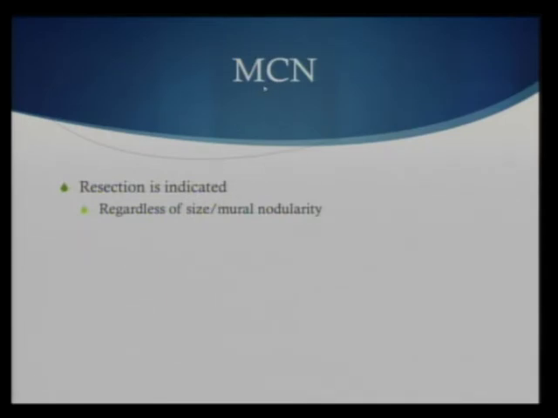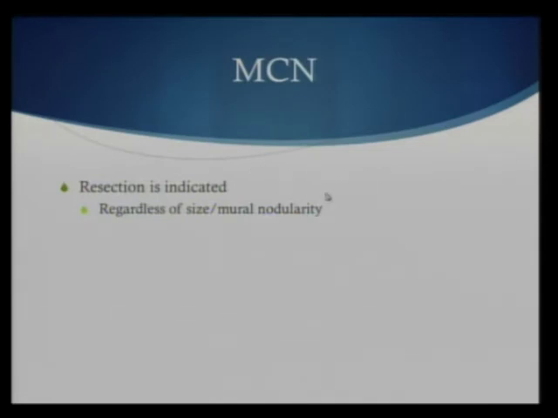And so inherently, the rate of malignancy associated with MCN is about 15%, but resection is still indicated because, as we talked about, these present 95% or greater in females and at a younger age, between the 4th and 5th decade of life. So you've got to follow them for a long time.